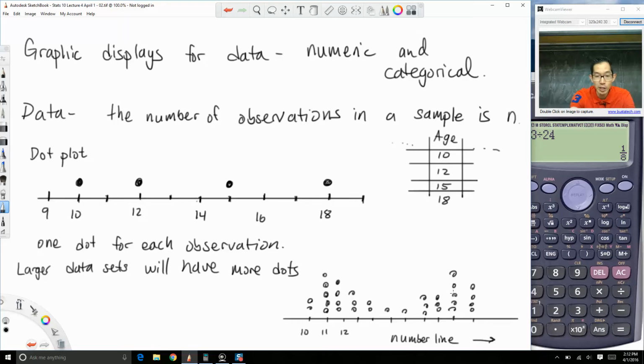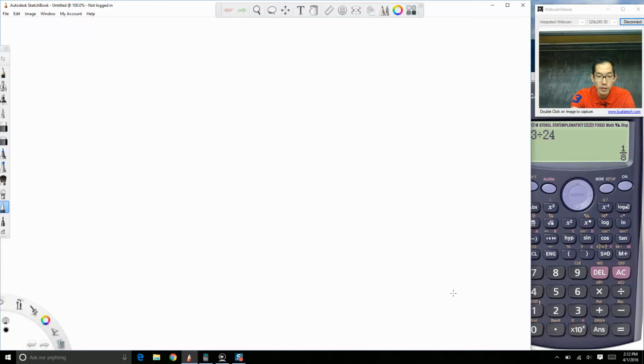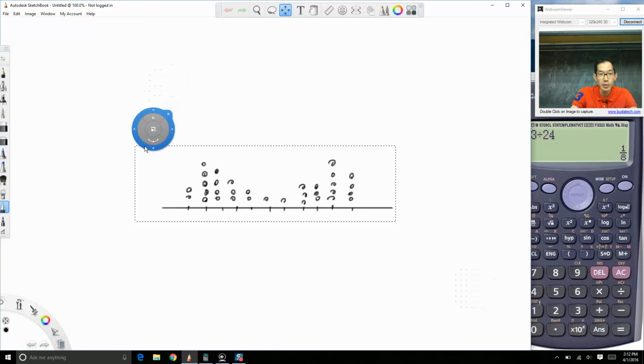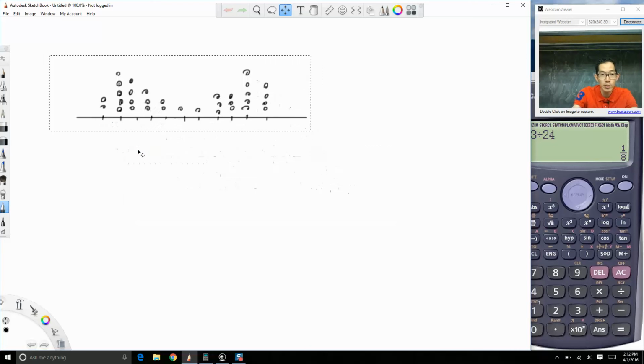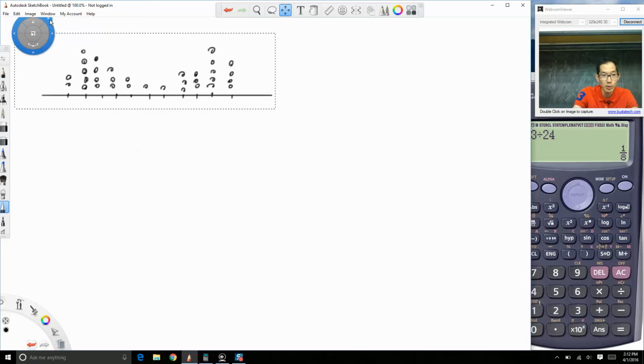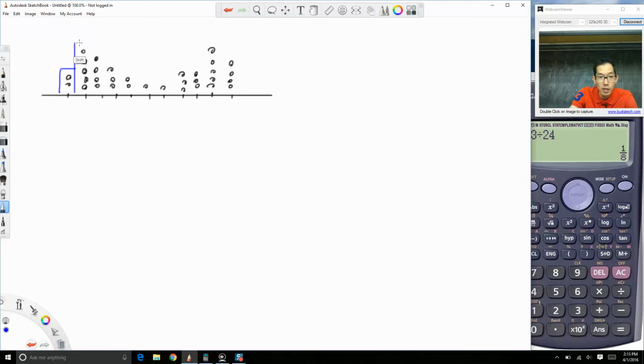So we have dot plots. We can also create histograms. Let me just start off with this. If this is our dot plot where we've drawn a dot for each one, we can encapsulate these into little columns.